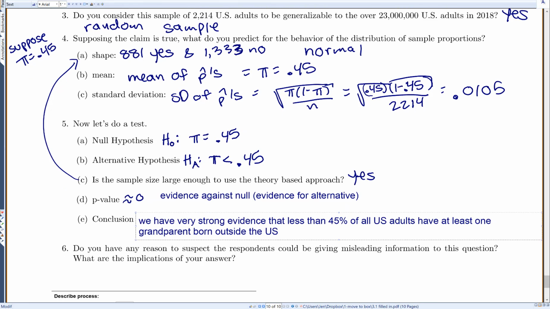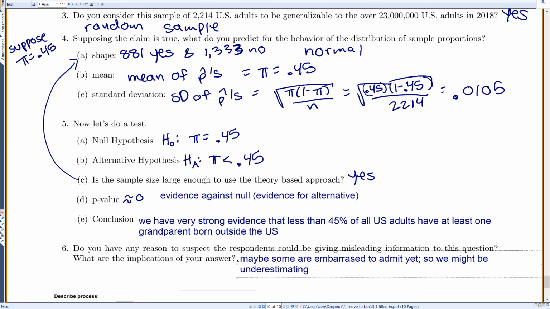Now, just as another thing, do you have any reason to suspect that the respondents could be giving misleading information to this question? What are the implications of your answer? So if you think about this, maybe, and I'm not saying they are, maybe some are embarrassed to admit yes. So we might be underestimating.